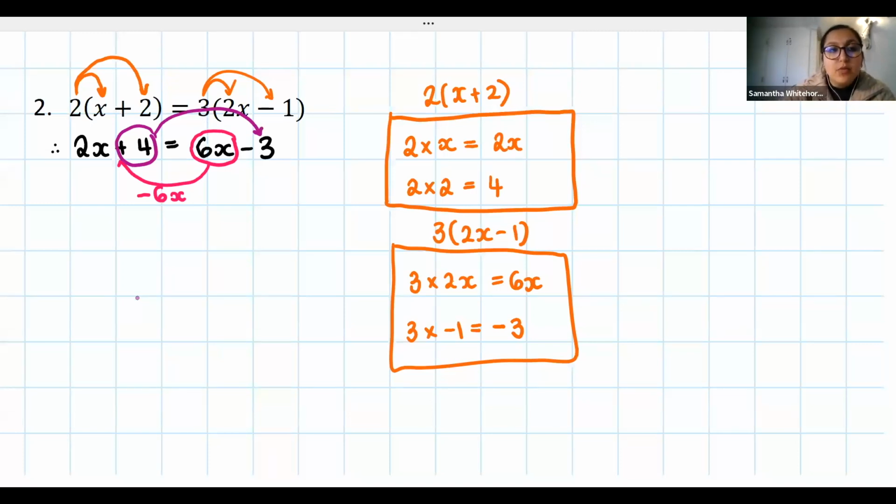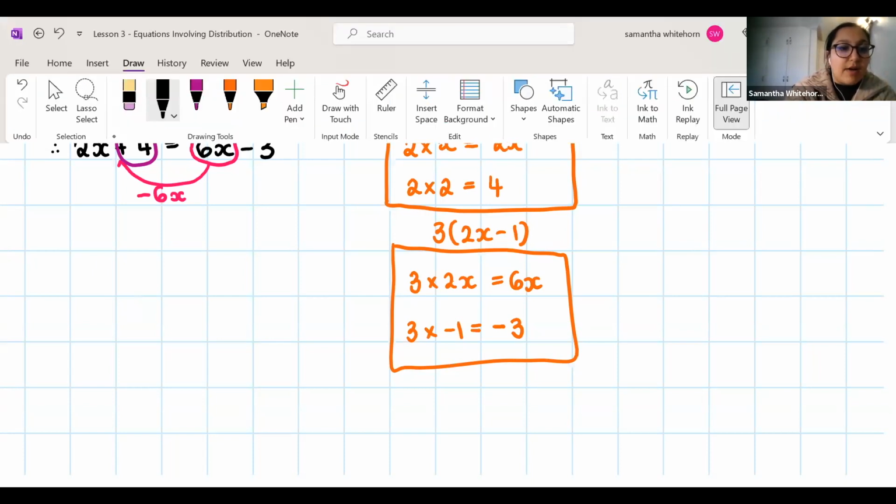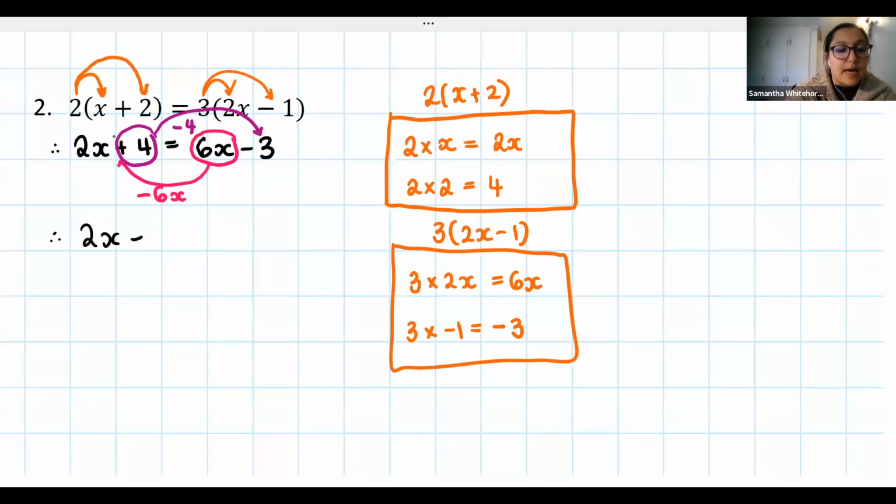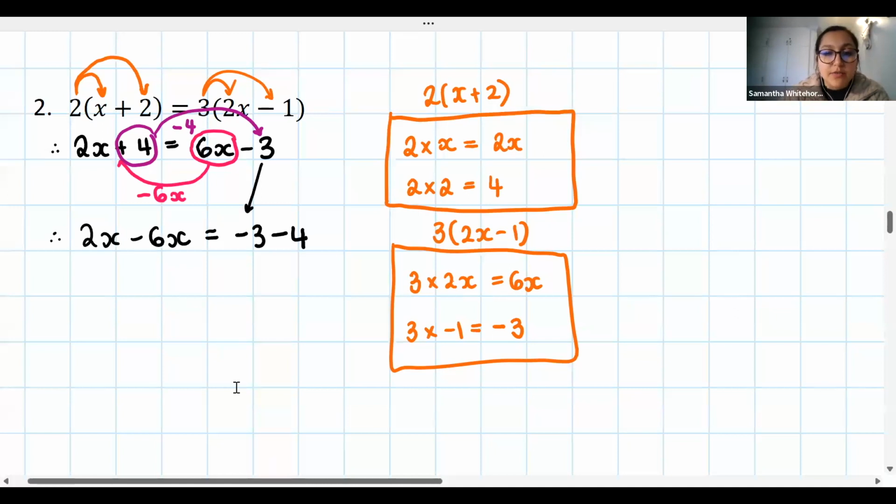But the second I move it over the equal sign, it's now going to become negative 4. On the left-hand side, I now have 2x minus 6x, because remember, I brought that positive 6x over the equal sign. And on the right-hand side, this negative 3 is still there. But now I also have minus 4 because I'm bringing the positive 4 over to the right-hand side.